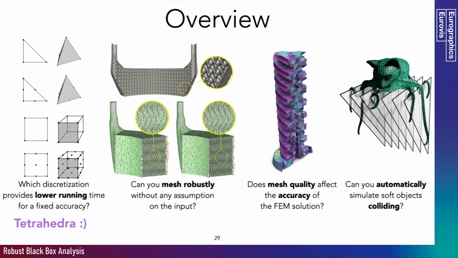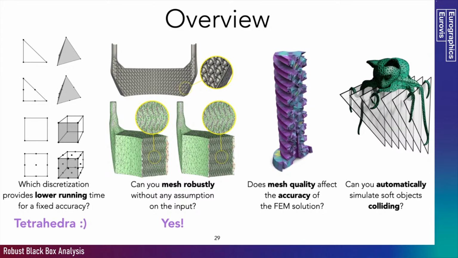And tetrahedra also have the big advantage of being much easier to use. It's easier to create a mesh made of tetrahedra than one made of cubes. And this leads us to a second point, which is, yes, we do have algorithms that allow us to robustly create tetrahedral meshes.